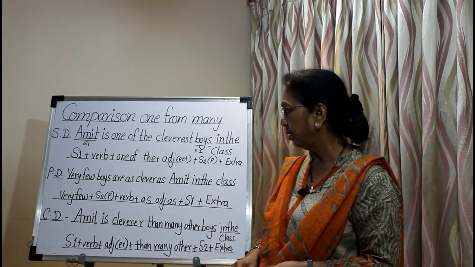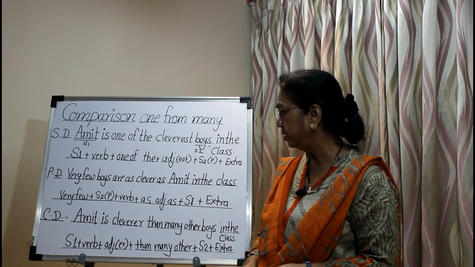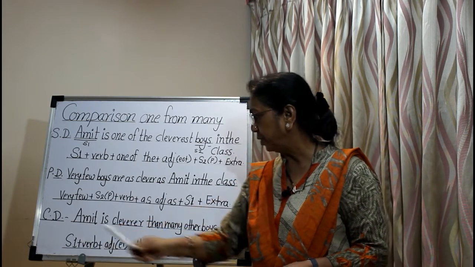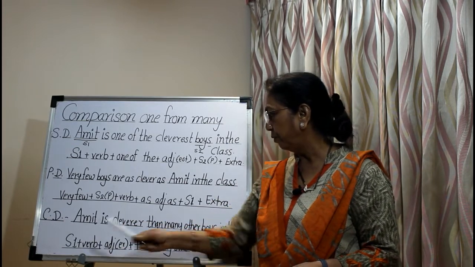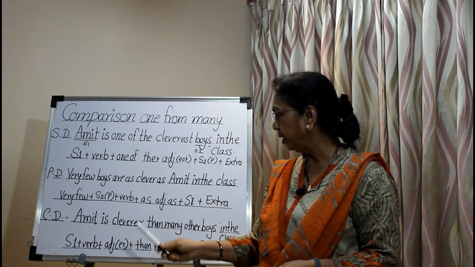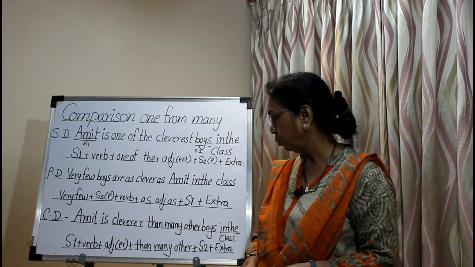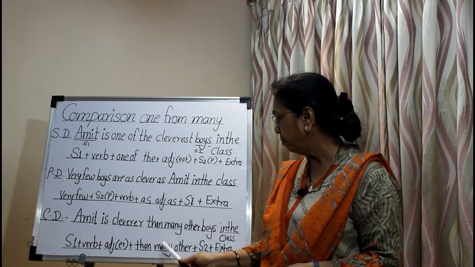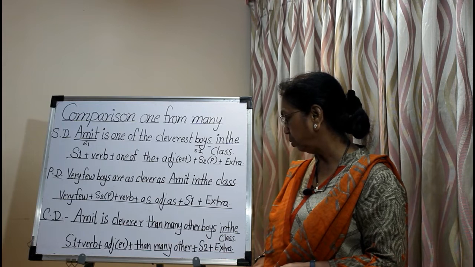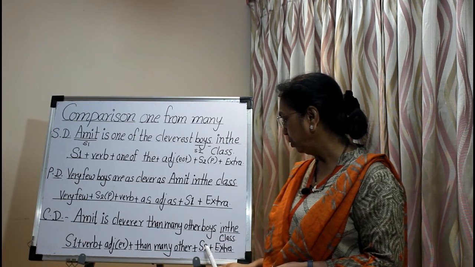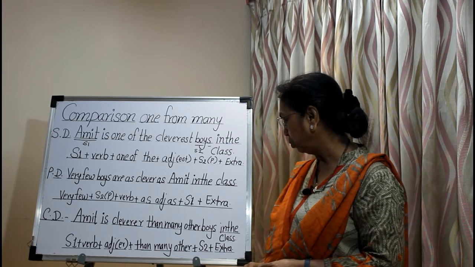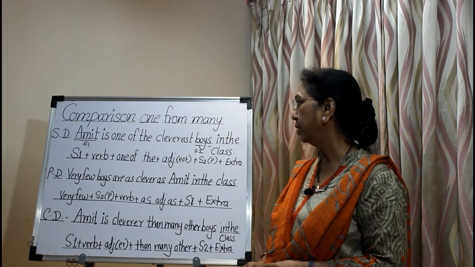The structure is: we start with subject number 1, then the verb form, the adjective with er or more, then than many other, then subject number 2 in its plural form and the extra part of the sentence.